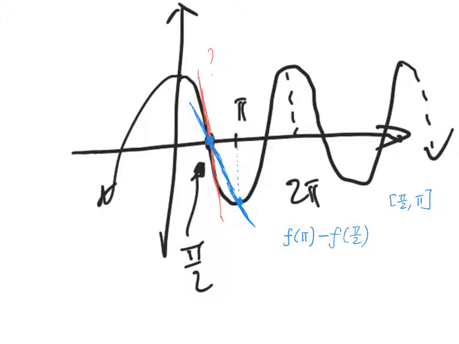So that's why we use these two endpoints, divided by, this is the change in y divided by the change in x, pi minus pi over 2. If you recall that f of x is 13 cosine x, therefore it's going to be 13 cosine pi minus 13 cosine pi over 2, divided by pi minus pi over 2.